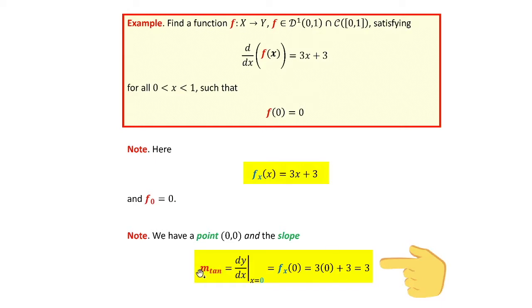Okay, what do you have when I tell you about a point and a slope? What should you automatically be thinking of? A tangent line, a linear approximation. I don't know the function, but I know a point and I know a slope, so I have a linear approximation.